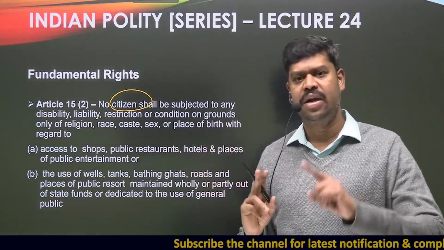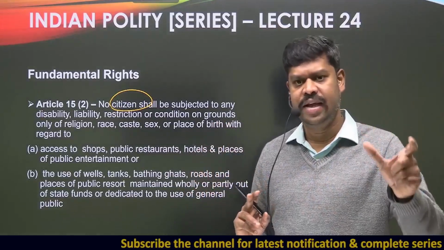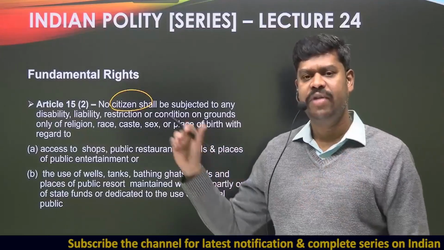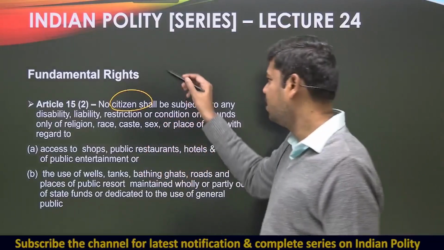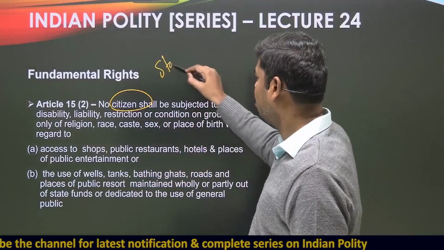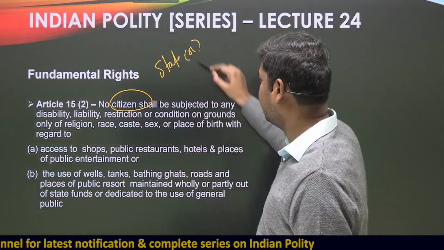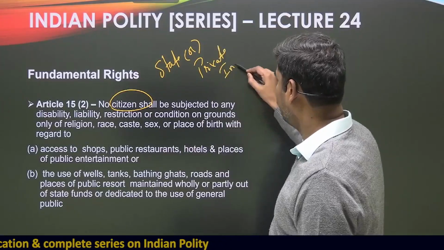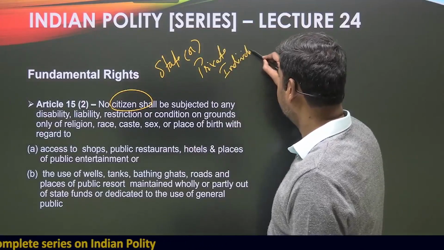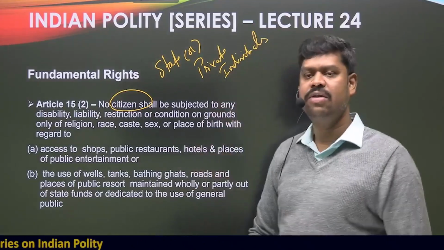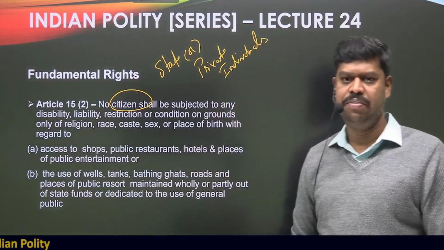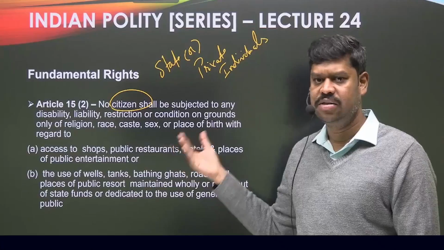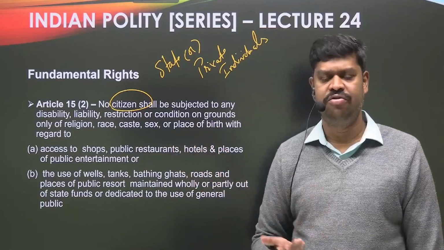But under Clause 1, it is only the state which shall not discriminate, whereas under Clause 2, neither the state nor any private individuals or authorities shall discriminate people on the grounds of religion, race, caste, sex, place of birth, or any of them.